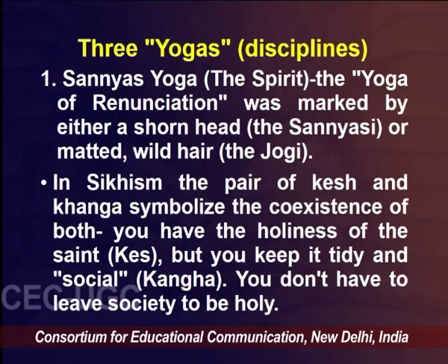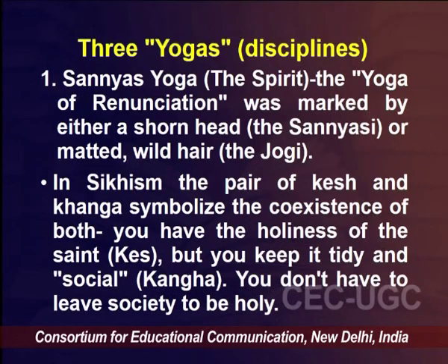Let us now look into the three yogas which these pairs will help us transcend. The yogas, or disciplines, were part of the traditional society prior to the coming of Sikhism. So, the first yoga is the sannyas yoga, or the yoga of the spirit, also known as the yoga of renunciation. This was marked by either a shorn head, the sannyasi, or matted, wild hair, the jogi.